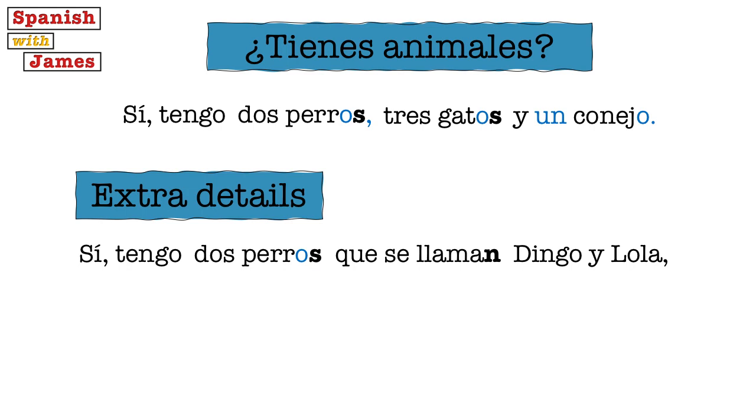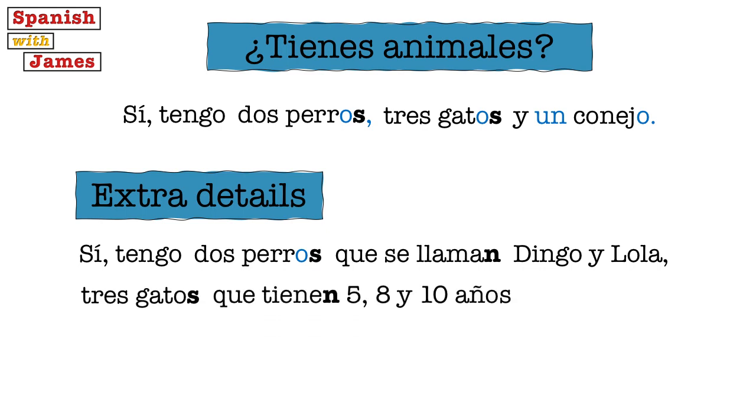You could put a comma in there and then list the next animal. Sí, tengo dos perros que se llaman Dingo y Lola. Tres gatos que tienen 5, 8 y 10 años. So we could talk about ages, remembering that in Spanish we don't say I am 5 years old, we say I have 5 years. And here we're going to say they have 5, 8 and 10 years.